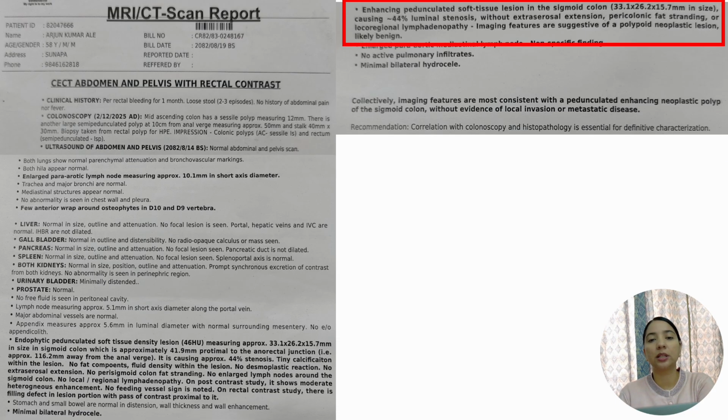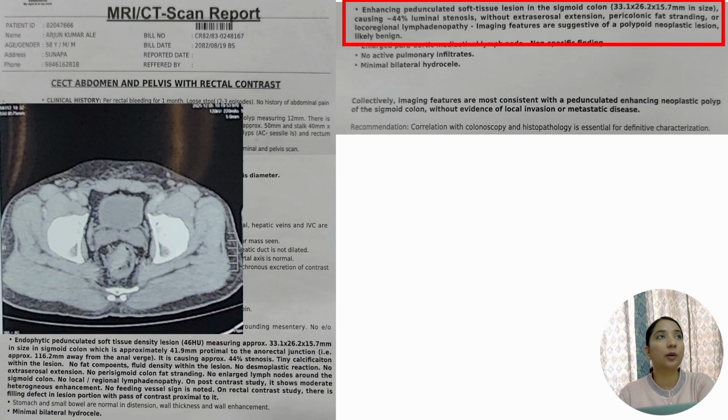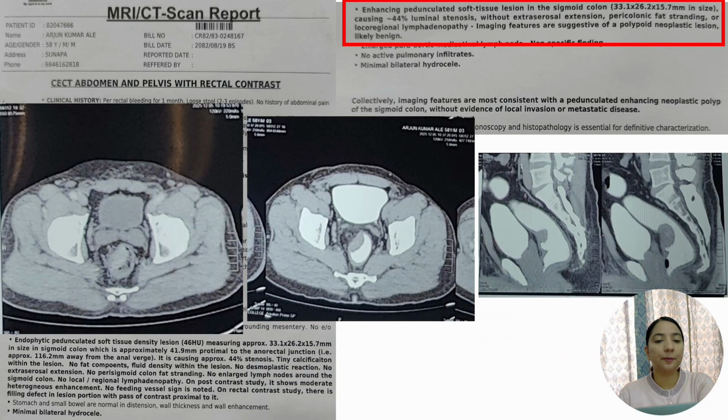They mentioned it was in the sigmoid colon, about 33 by 26 by 15 mm in size, with partial luminal stenosis and no extraserosal extension, pericolic fat stranding, or regional lymphadenopathy, suggestive of a neoplastic lesion. And this is the CT finding with rectal contrast, which shows the polypoidal mass.